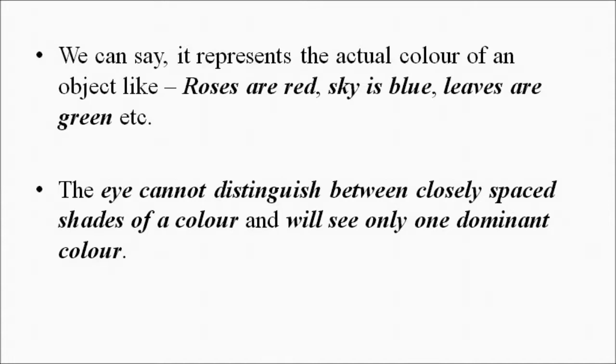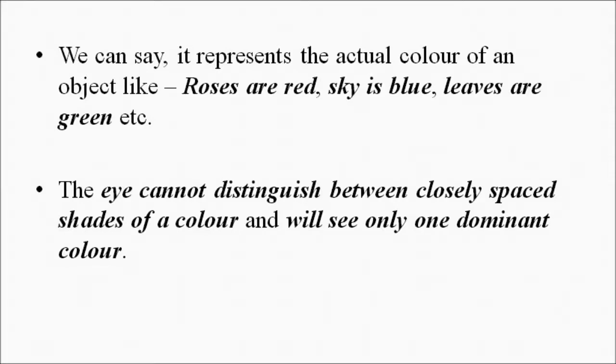Similarly, the leaves that we see are available in different shades of green. Some can be light green, some can be deep, but it is green. Leaves are green, it can be light, it can be deep, it can be in any shade, but it is green. Similarly, roses are red, it will stay red, it can come in light red, it can come in deep red, but it will stay red.